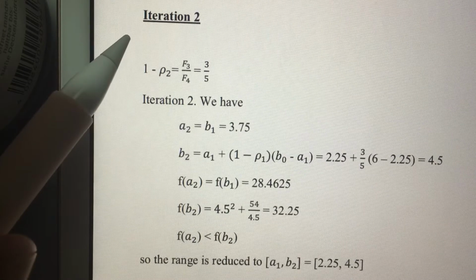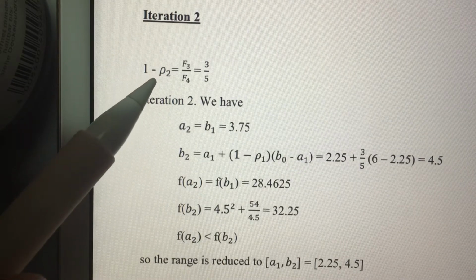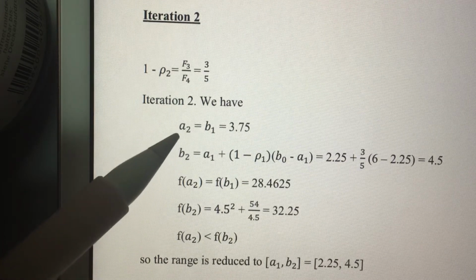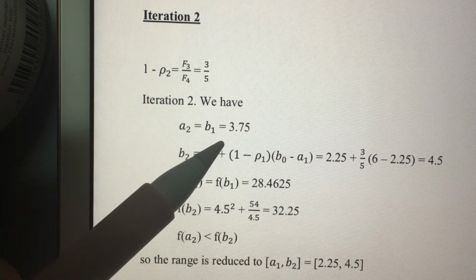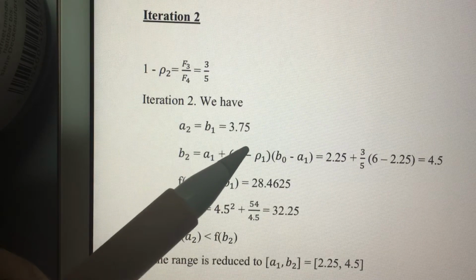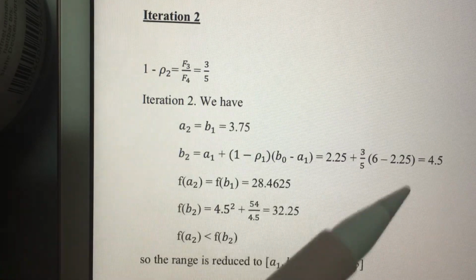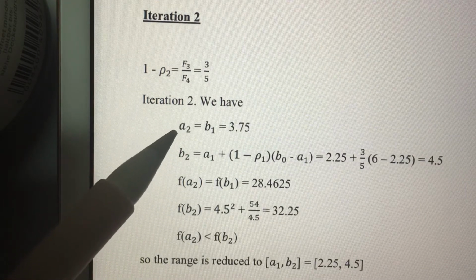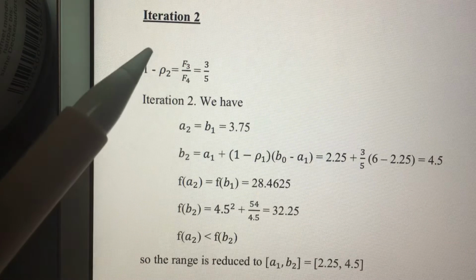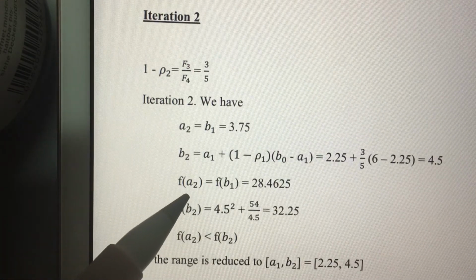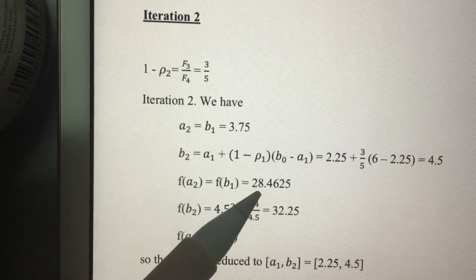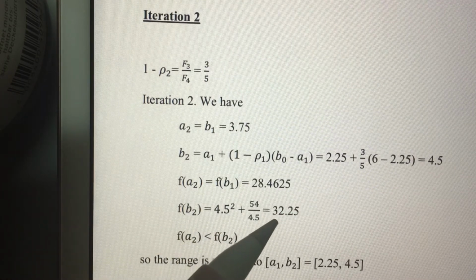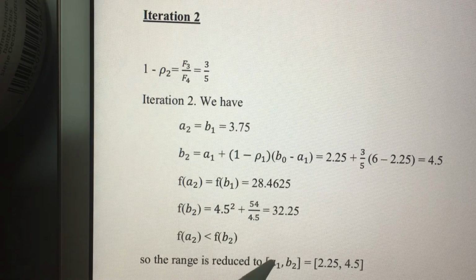For iteration 2, we have 1 minus rho 2, which is equal to 3 over 5. So we have A2 equal to 3.75, and B2 we have 4.5. After that, we substitute the values of A2 and B2 into the function, and for A2 we get 28.4625, and for B2 we get 32.25.